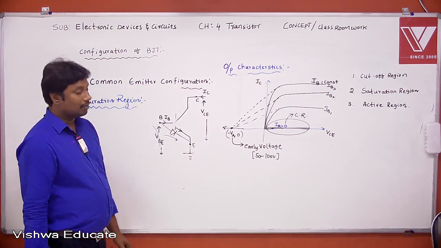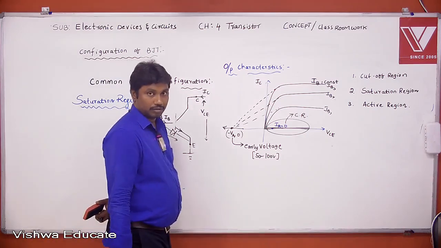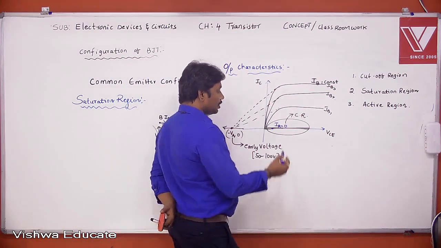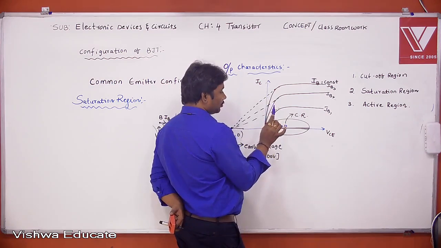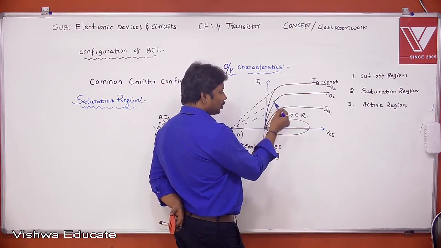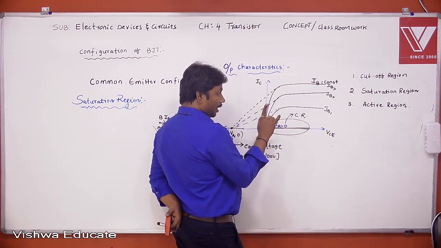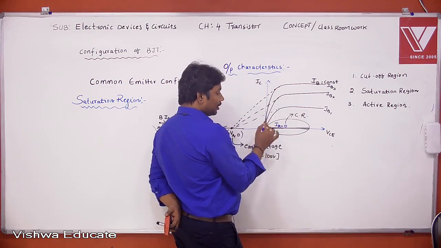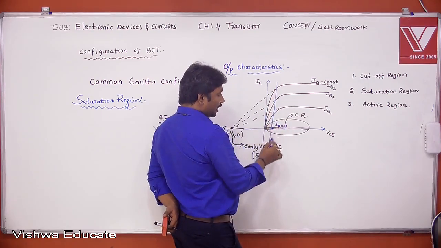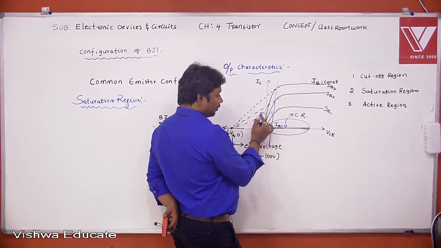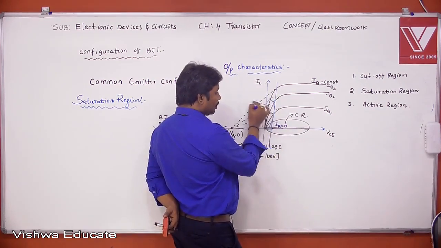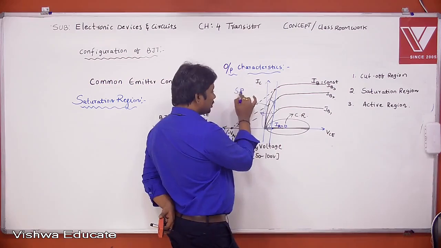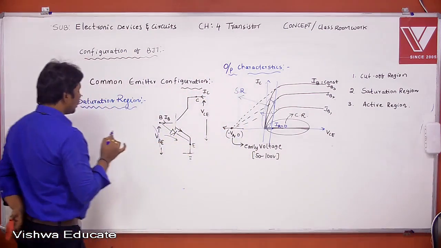Saturation region is nothing but the region in which IB is greater than 0 and left of the VC. Left of the VC means this portion. This is saturation region actually.